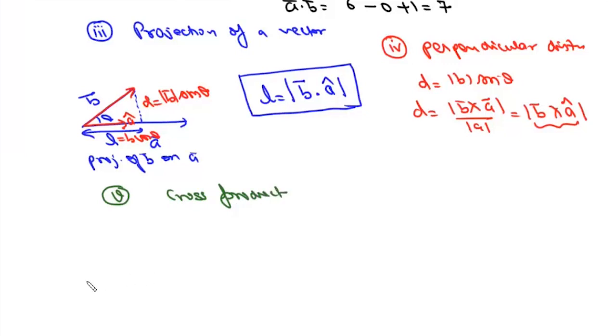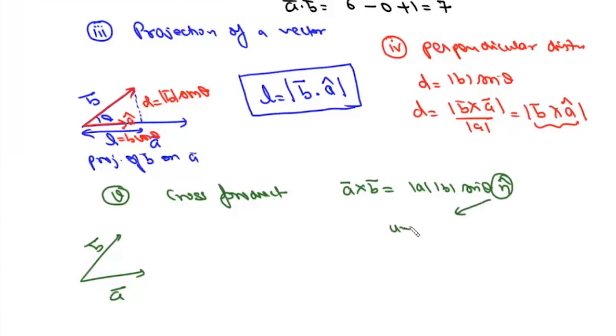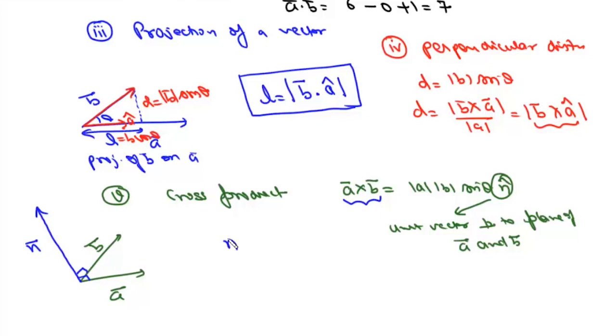Now we know that if we have two vectors, say A and B, then A cross B is defined as mod A mod B sin theta into n cap, where this n cap is a unit vector perpendicular to the plane of A and B. So there will be many questions where you need to find a vector which is perpendicular to both A and B. In that case we'll use cross product, and we'll find this vector n as the cross product of A and B.